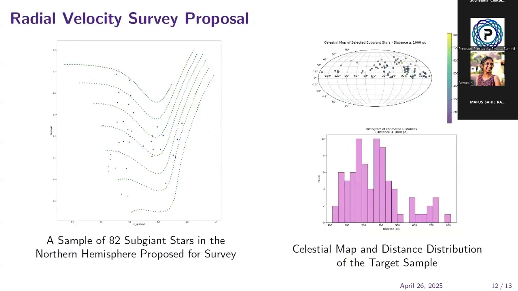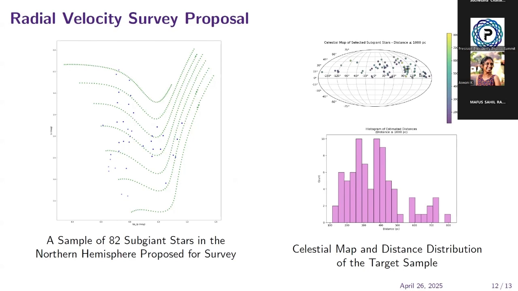The radial velocity survey that we propose is mainly taken from the Gaia data. We take selected Gaia stars and use LAMOST low resolution spectra to get an estimate of which stars are subgiants.